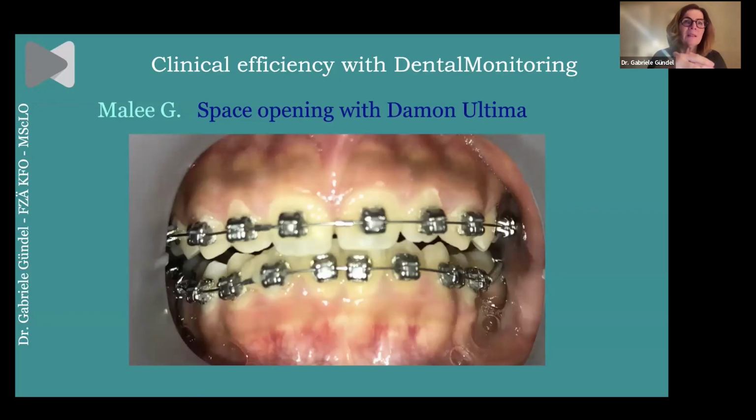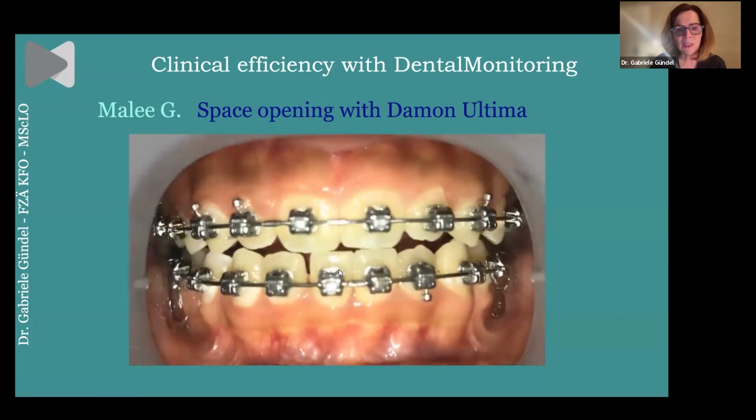Another especially interesting part of monitoring the patients with the AI, especially the Damon Ultima system, is the developing of spaces. Sometimes if you don't have any crowding and you have these really efficiently working arch wires, the slot filling arch wires, sometimes you get some space where you don't want to get space.